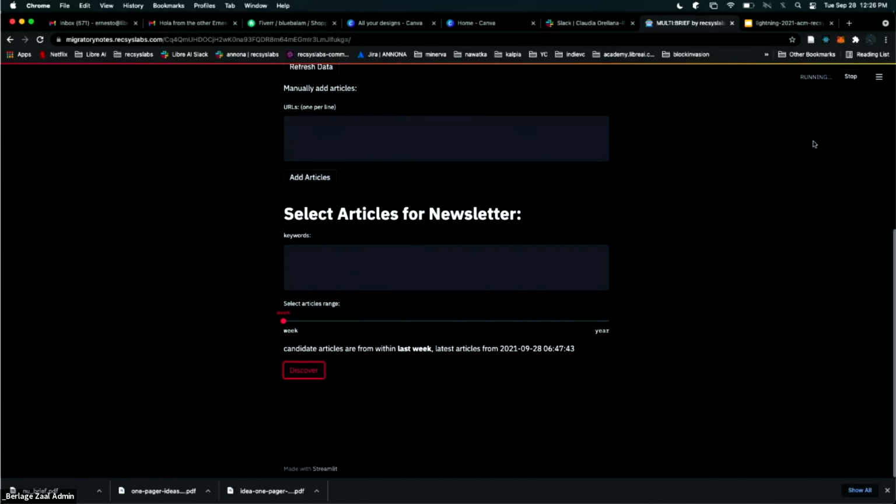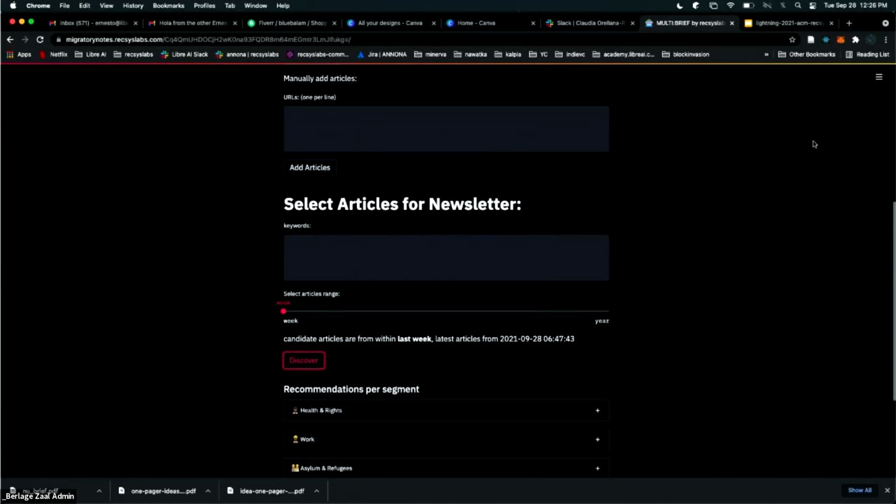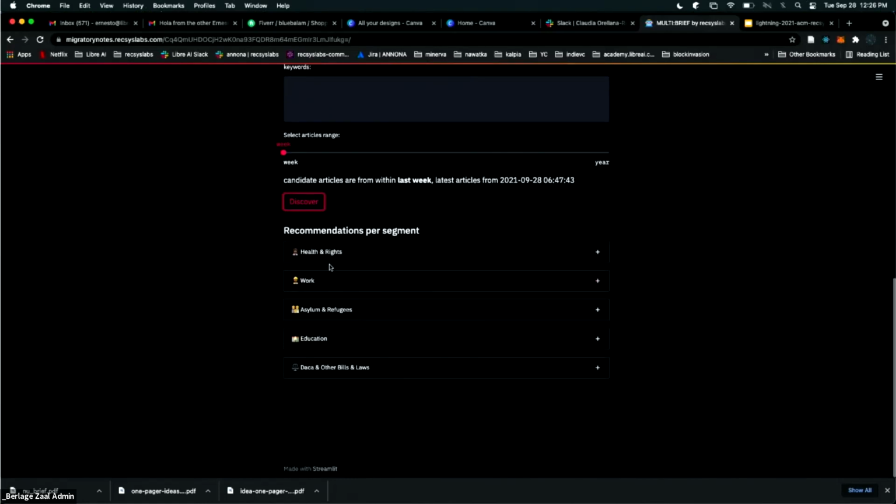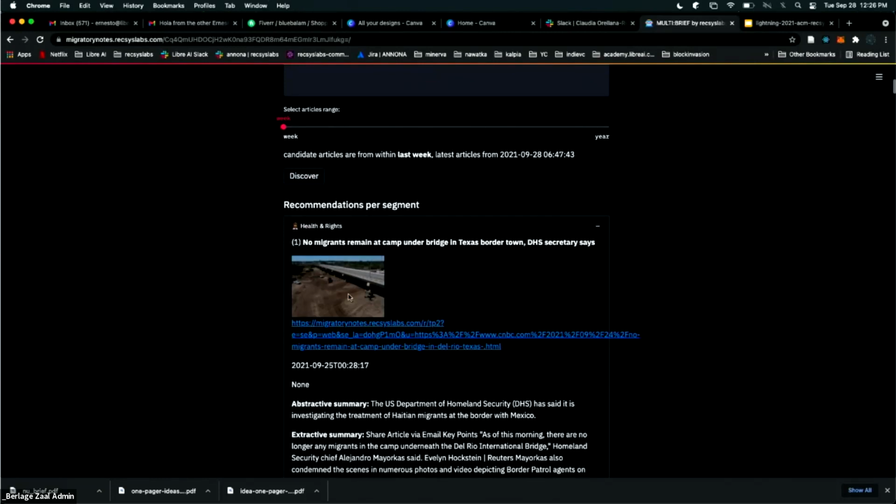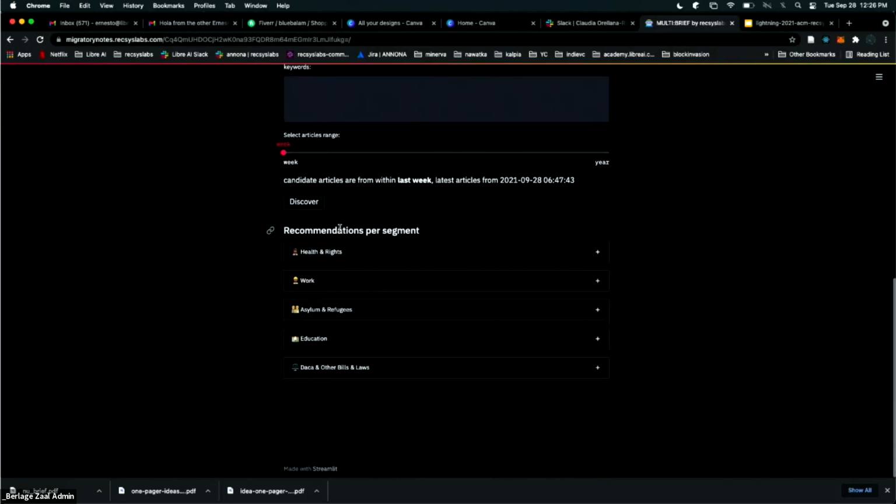This has several articles. The whole point is that this could become already-defined newsletters for the publisher, with different rankings depending on the cohort that is identified.